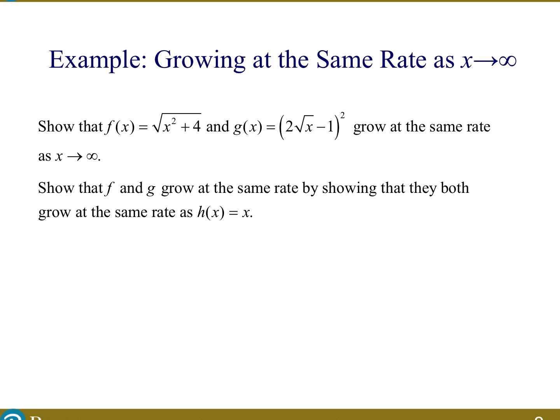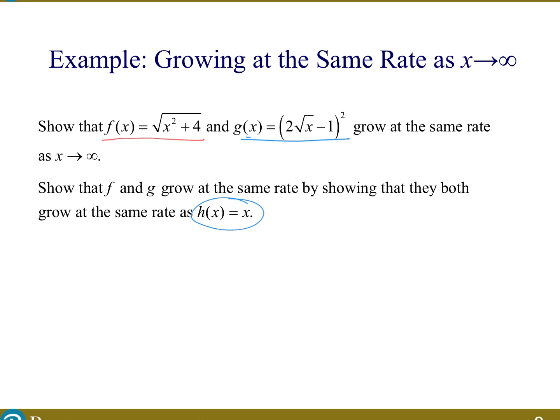So here's three different functions. We have an f function, which is defined as a square root. We have a g function defined as the square of a square root, and then we're given a third function, which is straight out h of x equals x, and show that f and g are growing at the same rate.